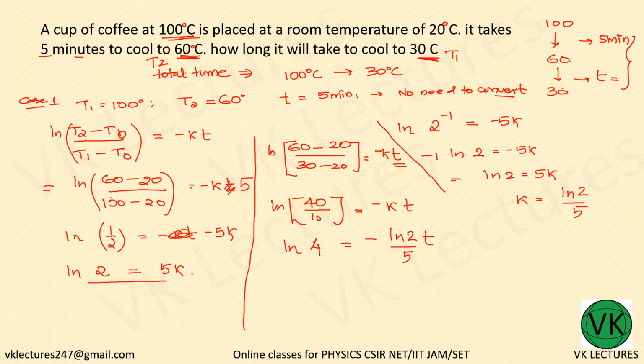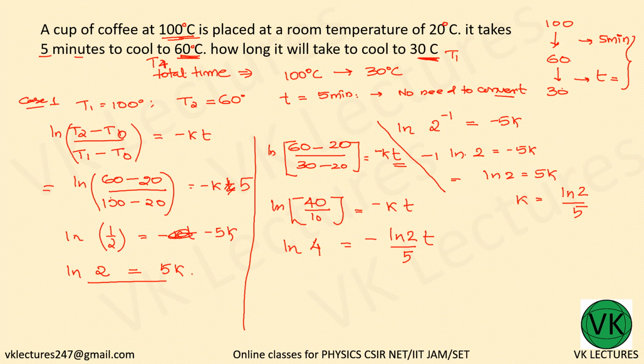Excuse me, sir. Yes. Sir, here the 30 degree temperature becomes T2 now, the final temperature. In the second case, we have to consider 30 degrees as T2. Oh yeah, fine.